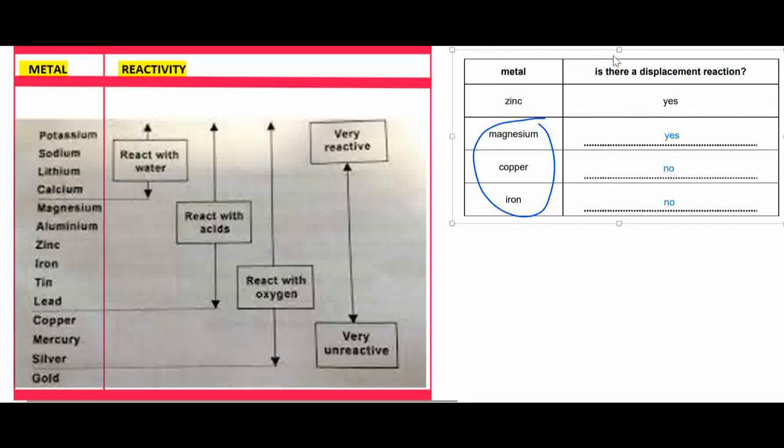Magnesium is above iron in the list, so magnesium is more reactive than iron, so there will be a reaction. Yes. Copper is below the iron, so there will be no reaction as copper is less reactive than iron. While iron and iron itself, there will be no reaction because it's the same iron. That will be the explanation.